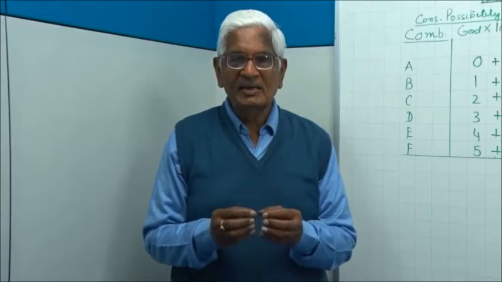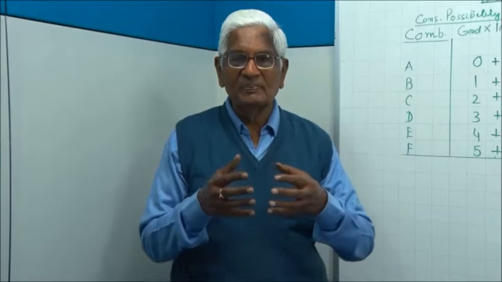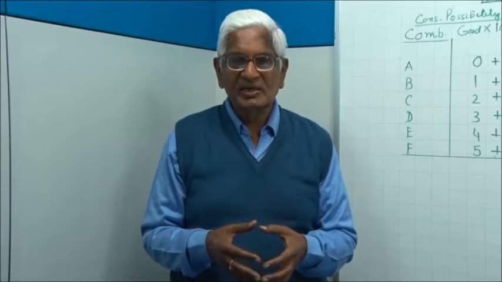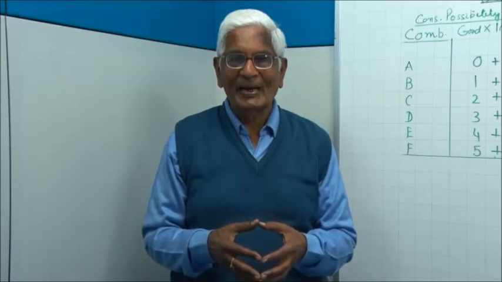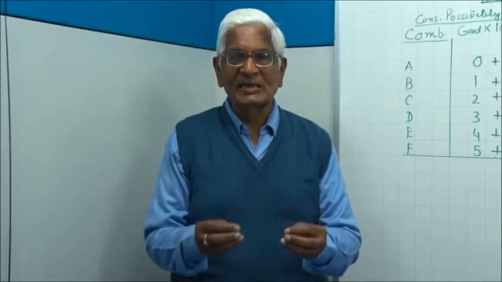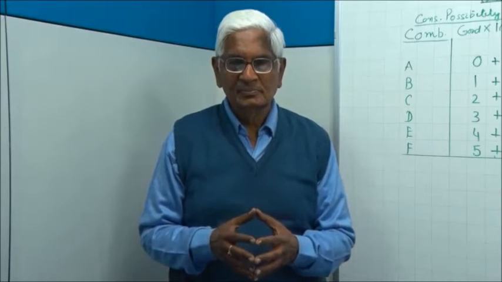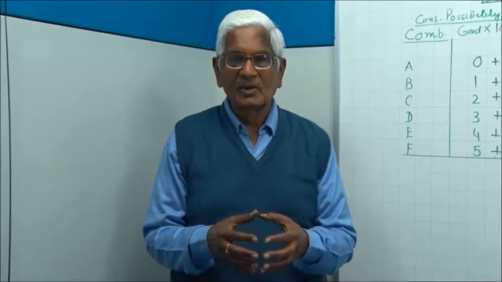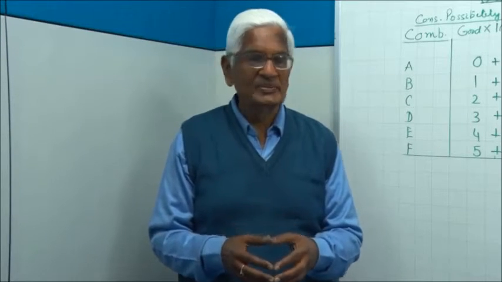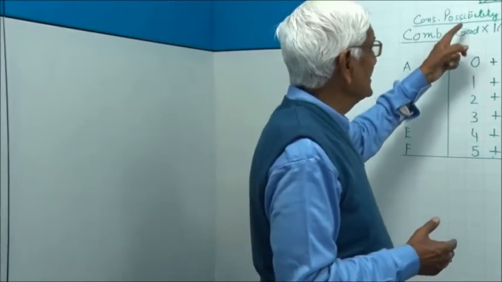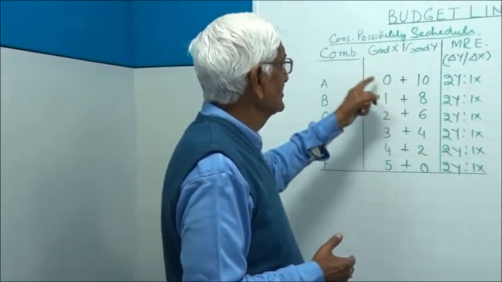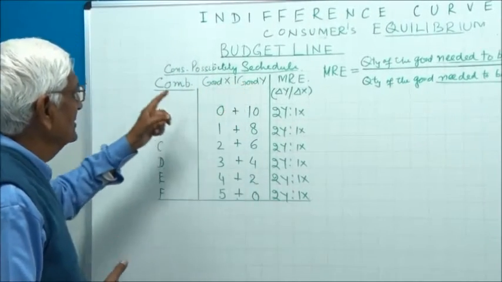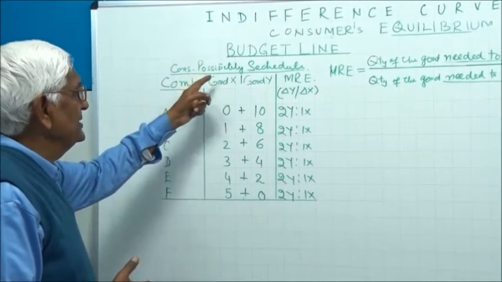We are simply examining the possible ways in which a consumer can spend his given income. These possible ways are given in this table, entitled Consumption Possibility Schedule.